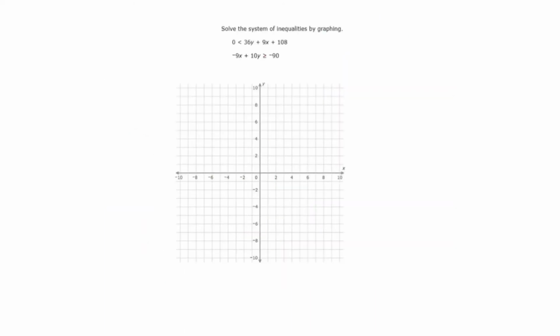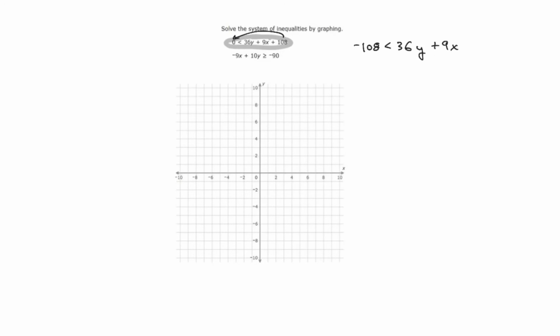Here's another example, and this is something you could just do with the previous question, having that understanding. But what we want to do is get the x and y on the same side. This is the trick here. Let's bring the negative 108 to the other side. So we have negative 108 is less than 36y plus 9x.